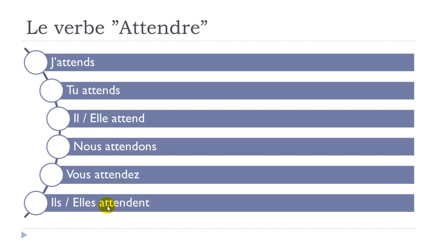If you make the link, ils attendent, elles attendent. So let's read them: j'attends, tu attends, il attend, elle attend, nous attendons, vous attendez, ils attendent, elles attendent.